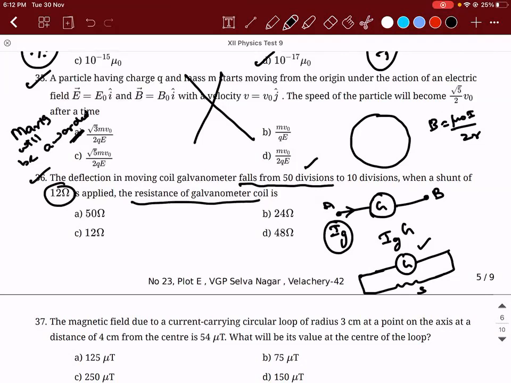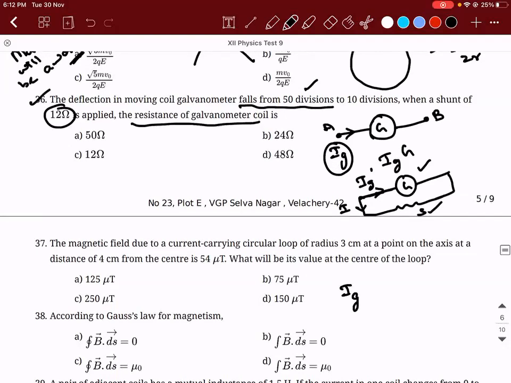Now, this time, the full scale deflection current, let's say it is Ig dash, and the remaining current I is flowing through S. The full scale deflection current is still going to be the same. So, I minus Ig will flow here. So, Ig multiplied with capital G, can I write it as I minus Ig multiplied with capital S? This is how we derive the formula for shunt resistance. Guys, am I clear?